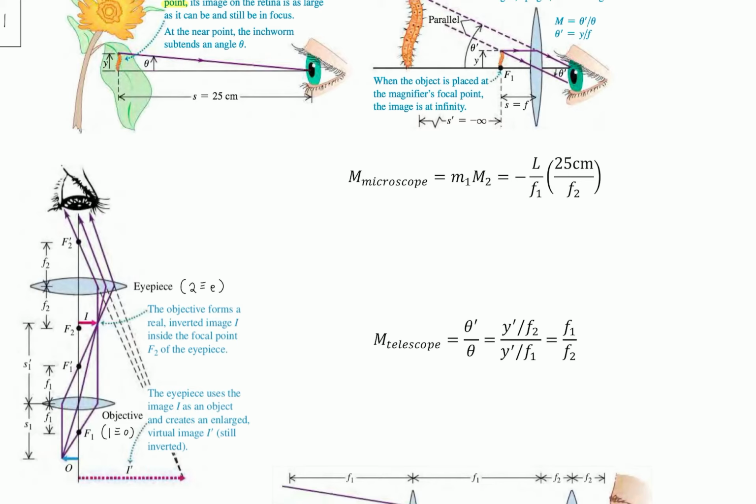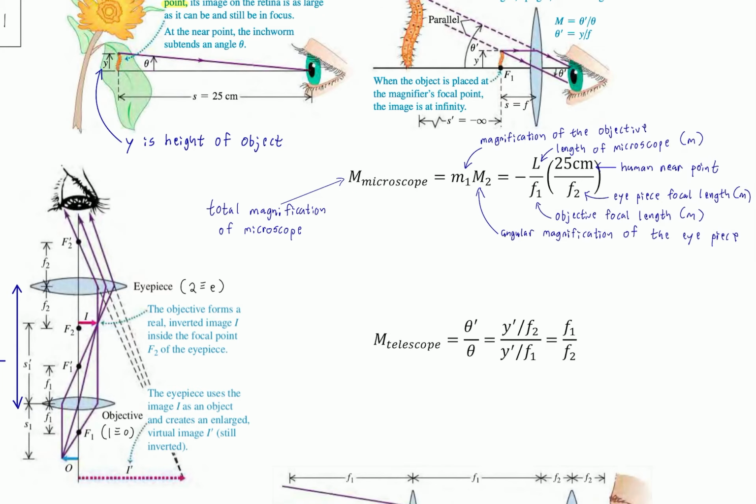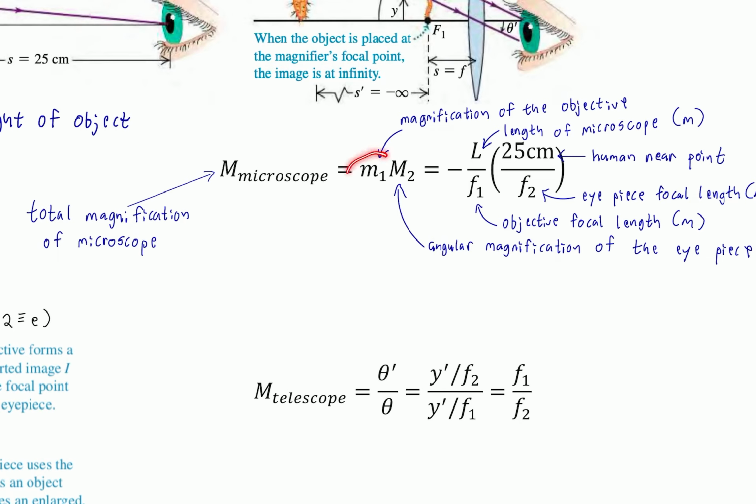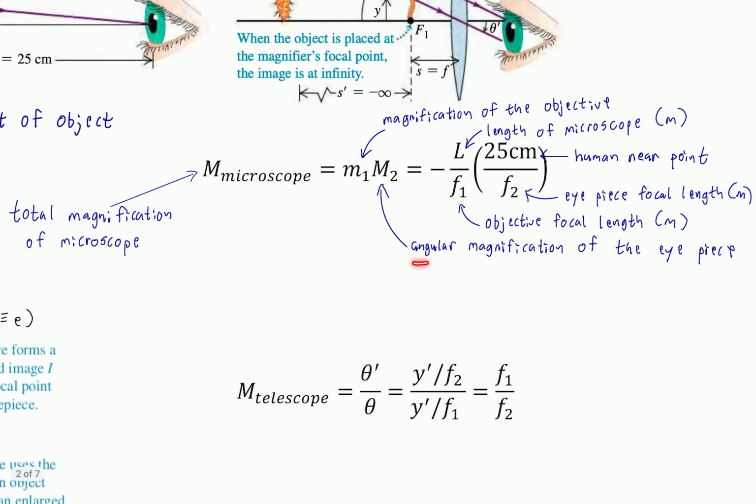So here is the formula for the total magnification of a microscope, all right? The total magnification of the microscope, big M, which implies it's going to be angular magnification, okay? And it's equal to the product M1 times M2, where M1 is the magnification of the objective lens and M2 is the angular magnification of the eyepiece, okay?